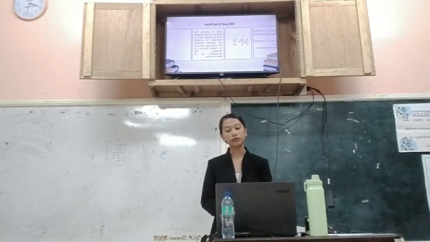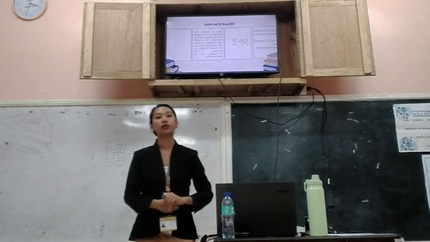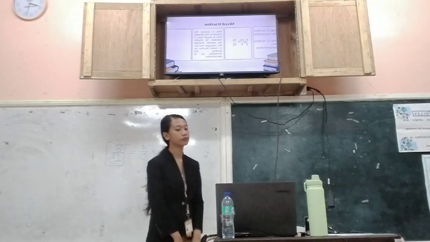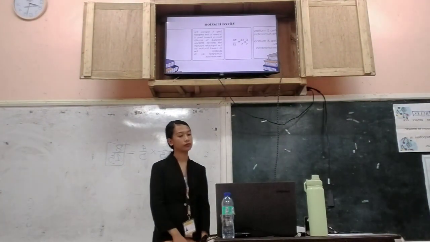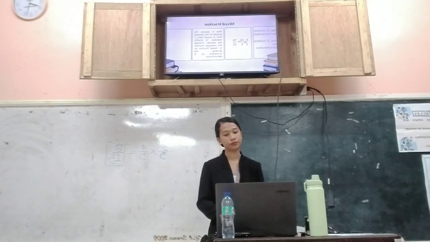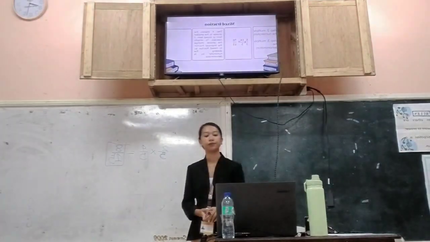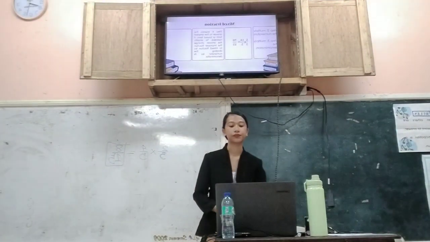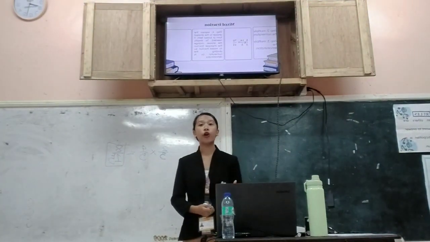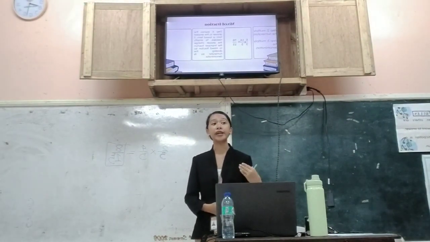Now class, for step 4, express the answer in the simplest form or lowest term, if needed. To simplify the answer, change the improper fraction to a mixed fraction by dividing the numerator by its denominator. So in step 4, we need to convert the improper fraction into a mixed fraction.